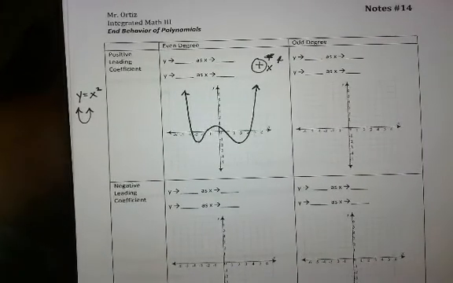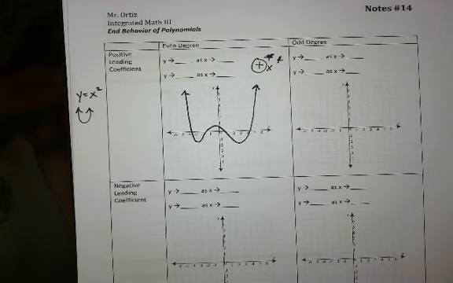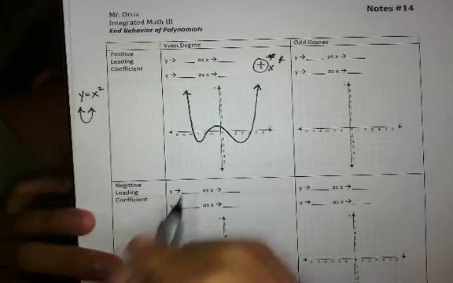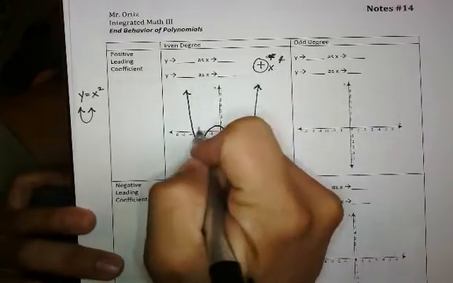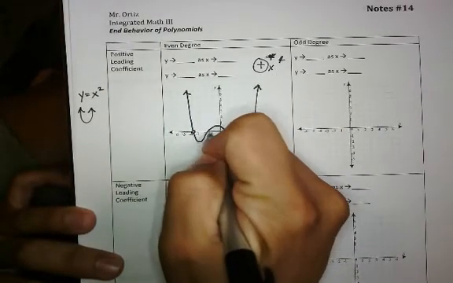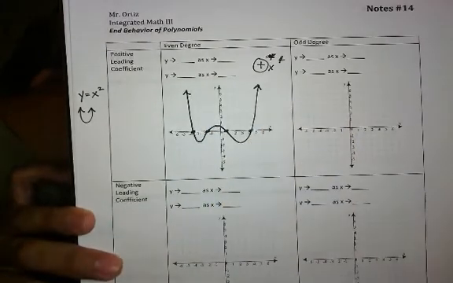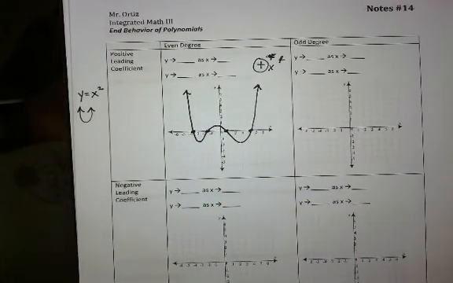Now this graph that I'm making is just a rough sketch. This is not actually what it would look like, but it's a very rough sketch. But the thing to note is that because it was to the fourth power, it went through the x-axis 1, 2, 3, 4 times.